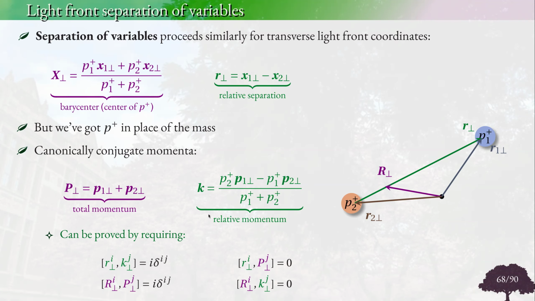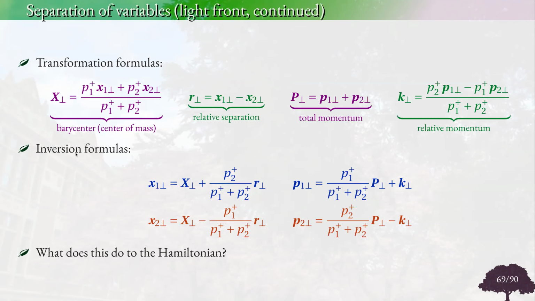One of them is total momentum. One of them is a relative momentum, again with the switched up, say, P2 plus times P1 perp minus the other. And these can again be proved by requiring that the canonical commutation relations hold. You can also invert them, just like with non-relativistic quantum mechanics.